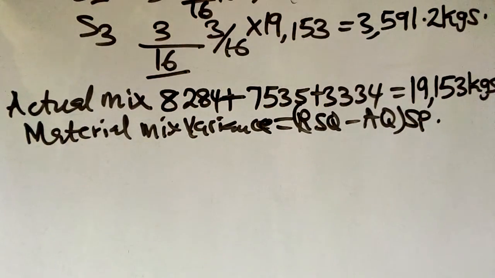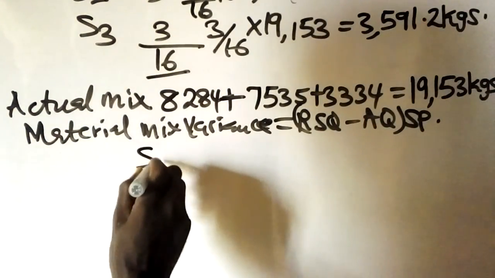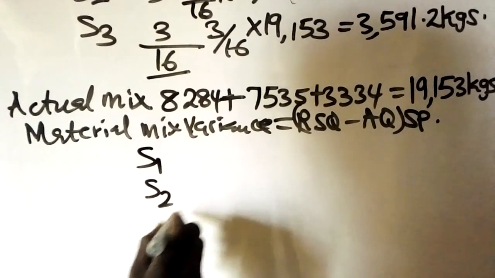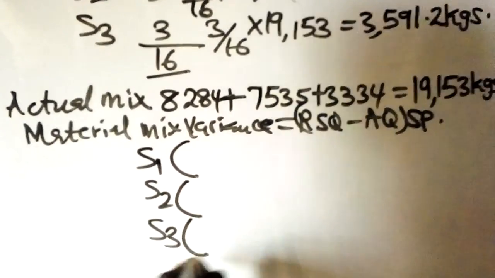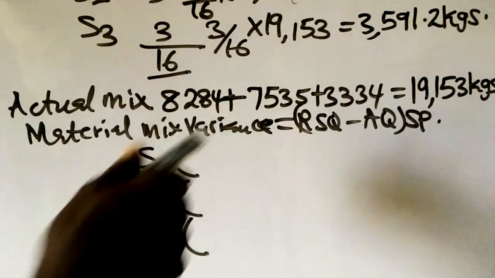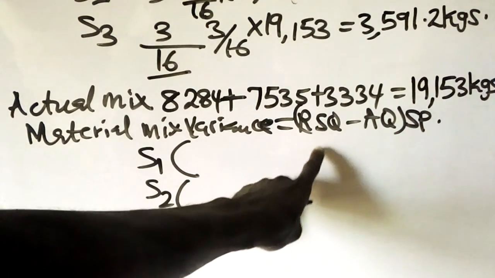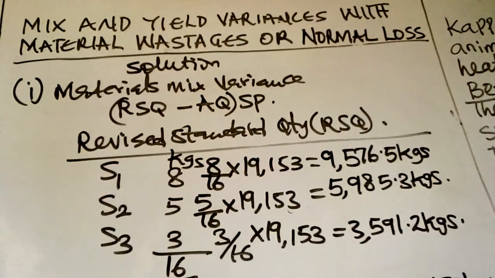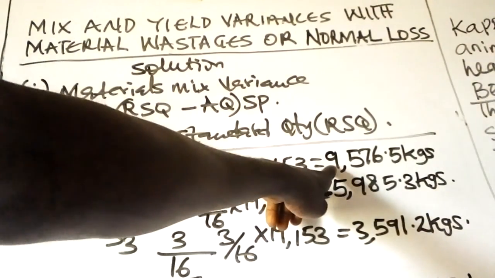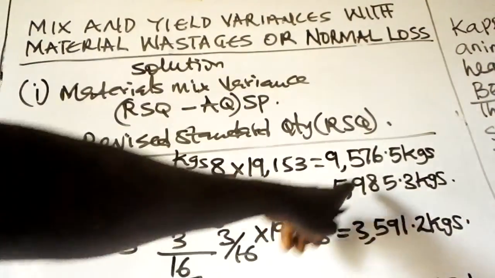We have S1, S2, S3. Our revised standard quantity for S1, we got 9,576.5.